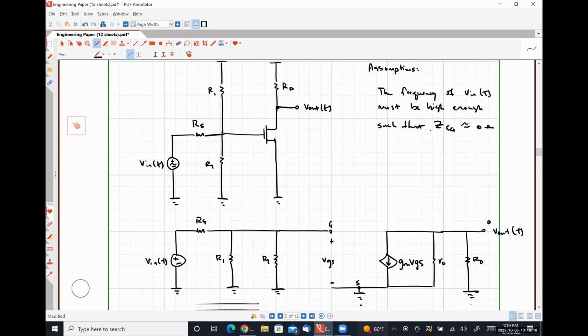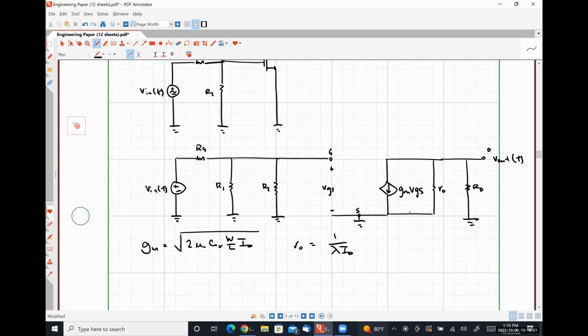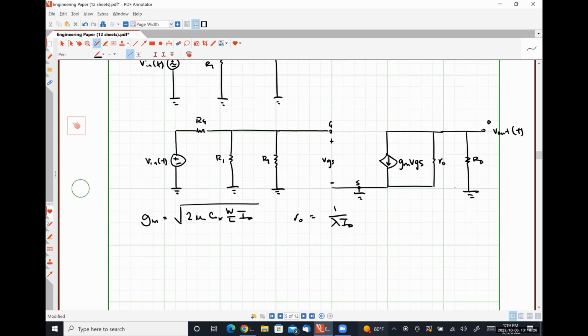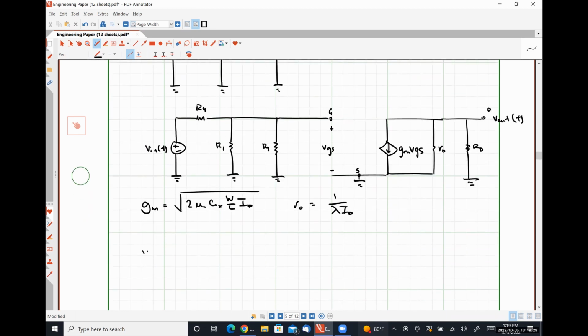So what I mean by that specifically is if we look at this drawing right here, our output voltage, V out, is going to be given by negative GM VGS times R naught in parallel with RD, just using Ohm's law.